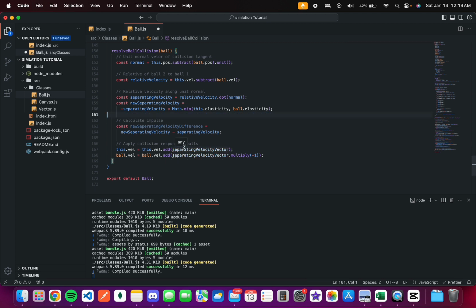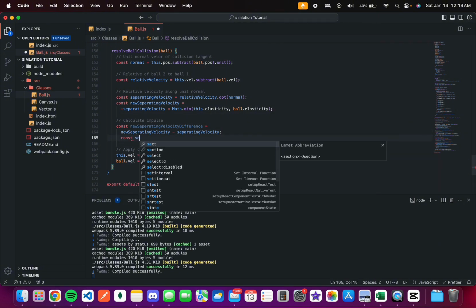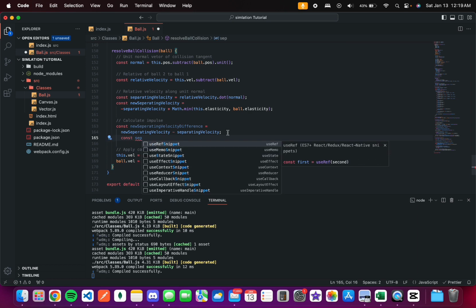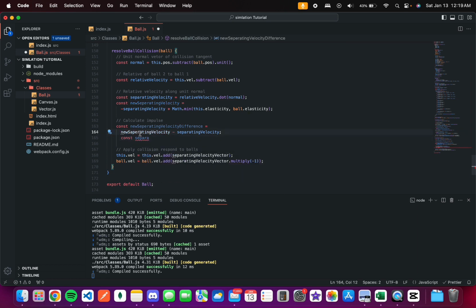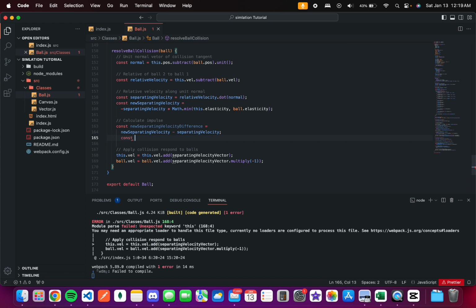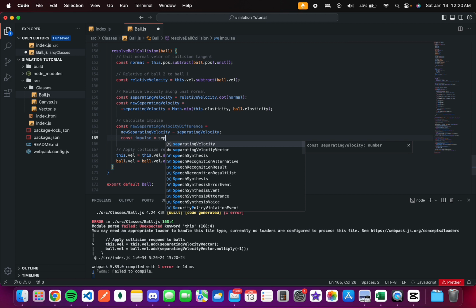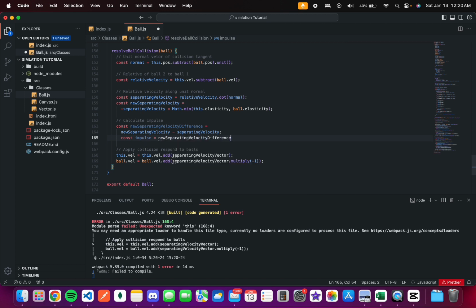And instead, we are going to be calculating the impulse, which is the separating, oh, I misspelled it, of course, here as well. And then the impulse is just the separating velocity difference. I'm going to remove this. Yeah, it kind of gets a bit confusing when you have this many words.